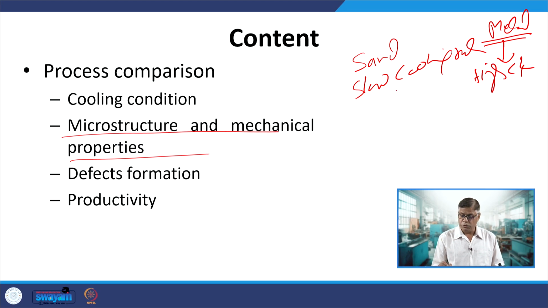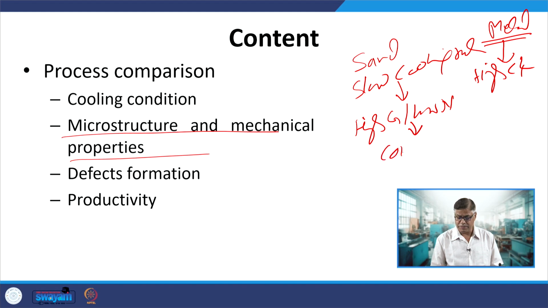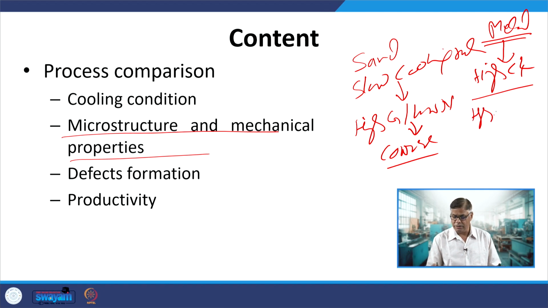Slow cooling in general promotes a higher growth rate and low nucleation rate, which in turn promotes a coarse grain structure. On the other hand, the higher cooling rate promotes a high nucleation rate and low growth rate, and this combination causes a finer grain structure.